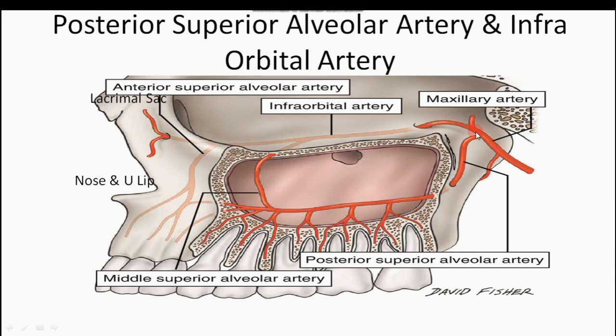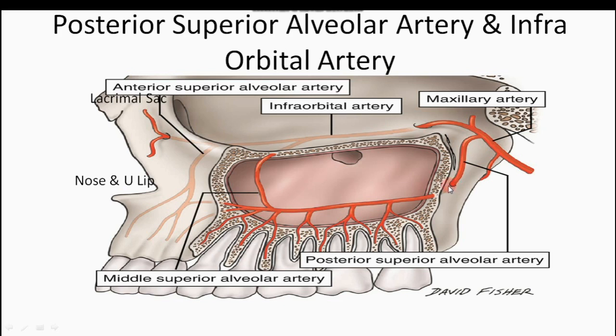The maxillary artery divides in these two branches before reaching the pterygomaxillary fissure. The posterior superior alveolar artery moves downward and pierces the maxilla from the maxillary alveolar foramen, the maxillary alveolar canal.